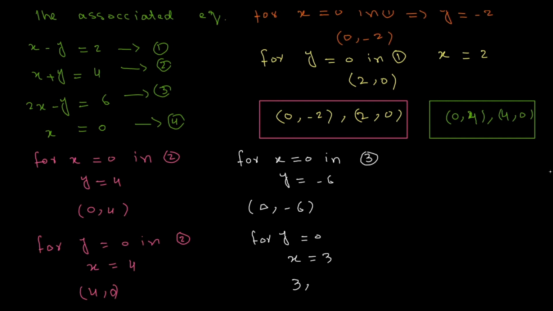So these are the two points through which the third line passes.